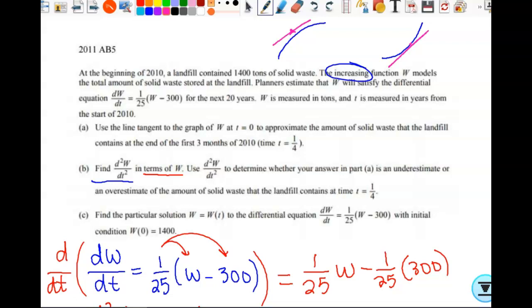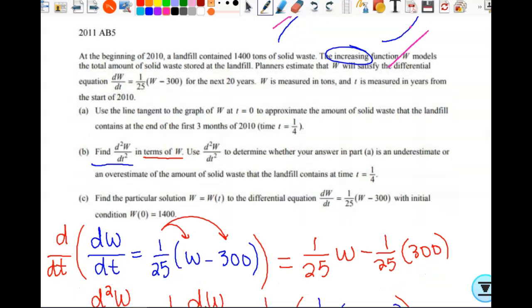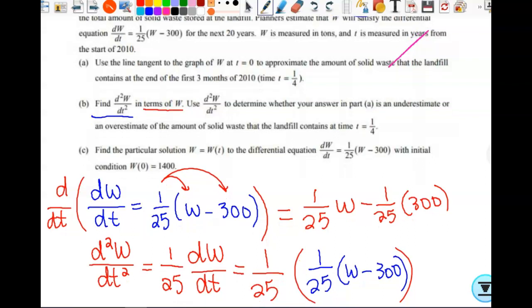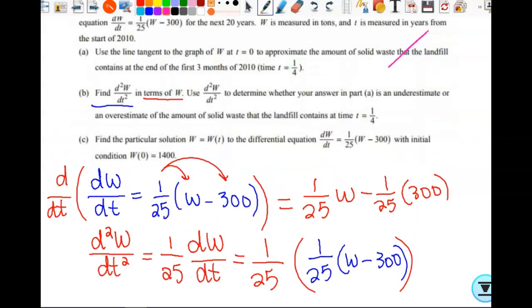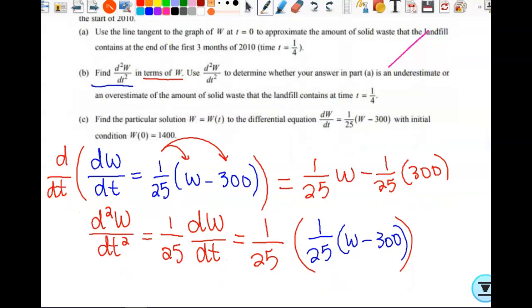So I need to determine if this function W that we don't yet have is concave up or concave down on this interval from 0 to 1/4. That's why we have the second derivative. That's why they said, find it and then use it. Correct.